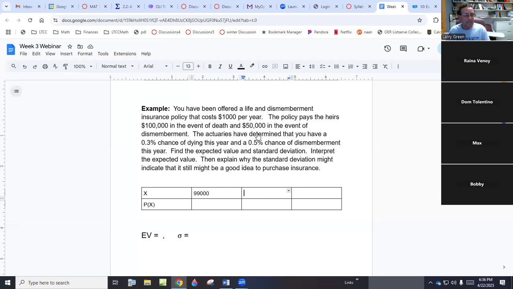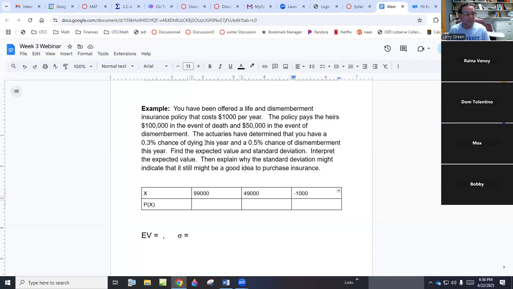If you're dismembered, it'll be 50,000 minus 1,000, which is 49,000. And if you don't die and you're not dismembered, you lose $1,000 because you had to pay for the insurance policy and didn't get any money back.